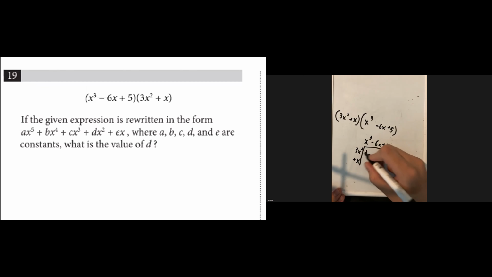So 3x to the 5th, x to the 4th, negative 18x to the 3rd, negative 6x squared, 15x squared, and 5x, which would get us 3x to the 5th plus x to the 4th minus 18x to the 3rd plus 15x squared minus 6x squared plus 5x.